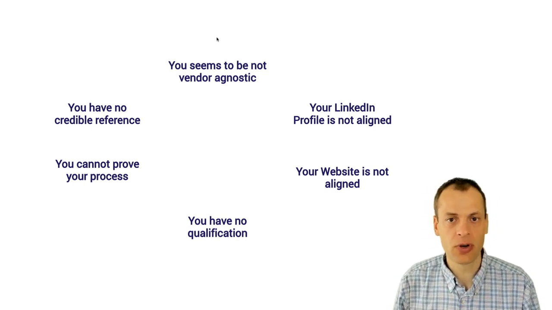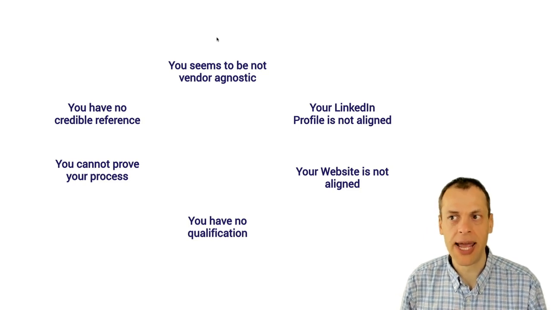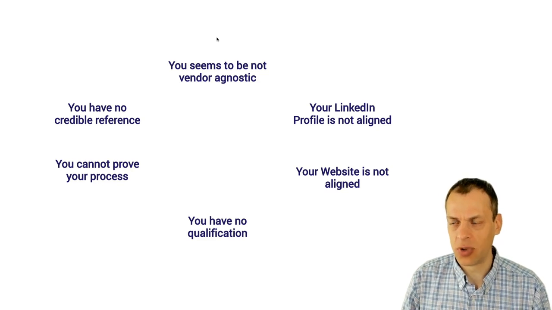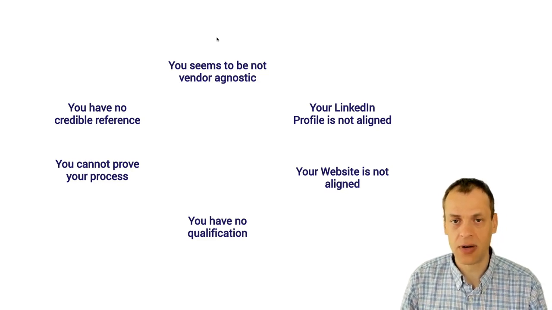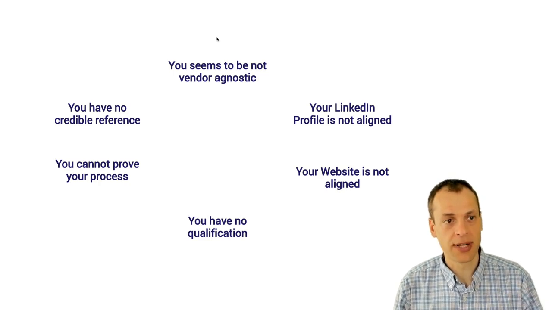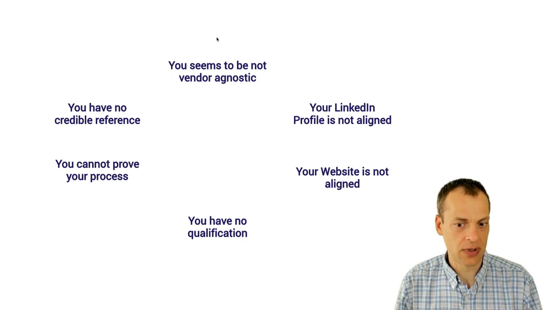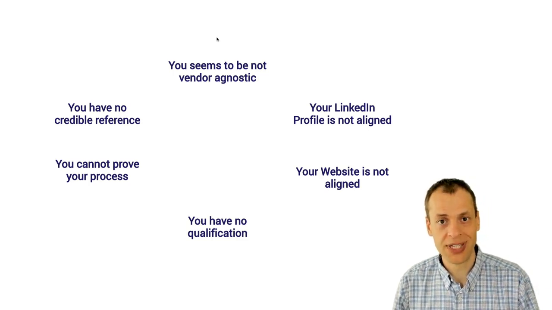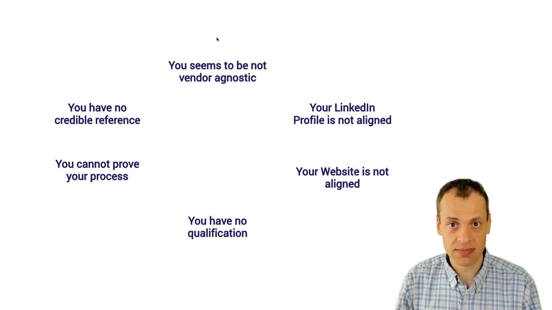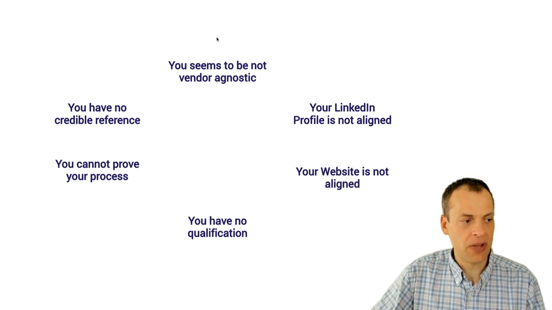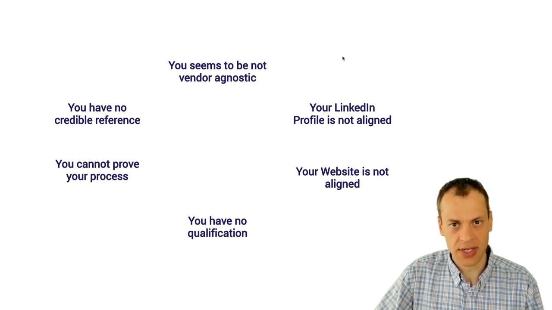If you're a managed service provider, like an Office 365 Microsoft dealer, or a HubSpot partner for marketing, how are you going to make sure you are visible as vendor agnostic? Put it anywhere and everywhere.